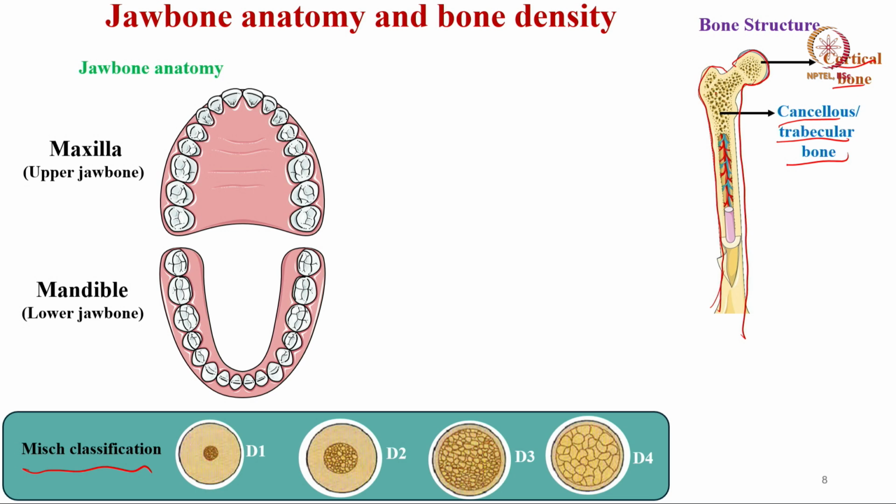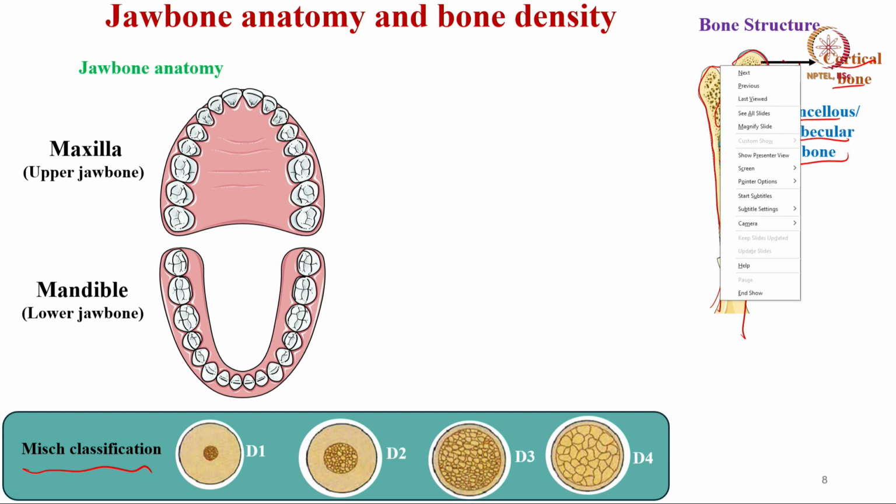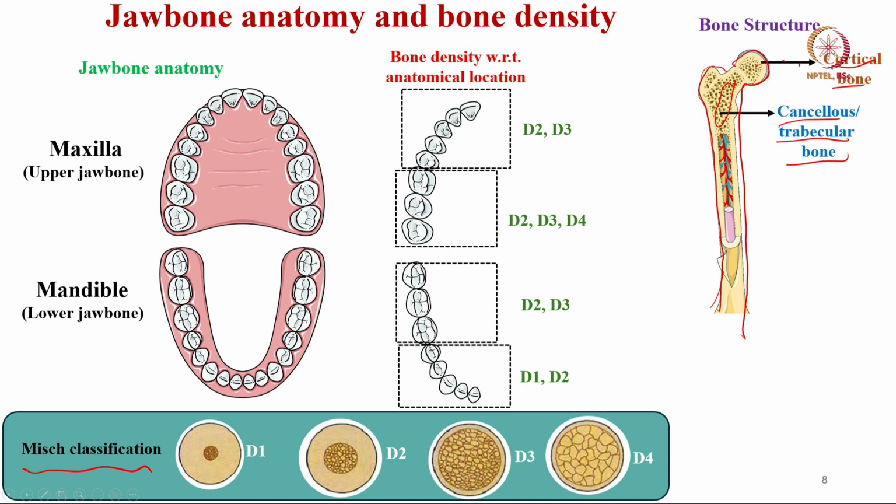So, here the bone density in this particular region will be lower, and the cortical bone density will be higher. And in dental implantology, people use D1 bone, D2, D3, D4. Basically D1 is much stronger, and D4 is a much weaker bone, that means bone density is fairly low.